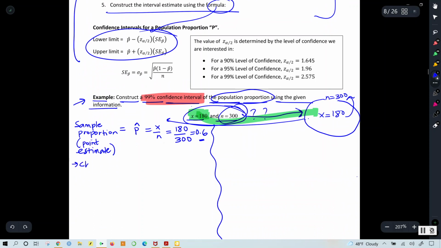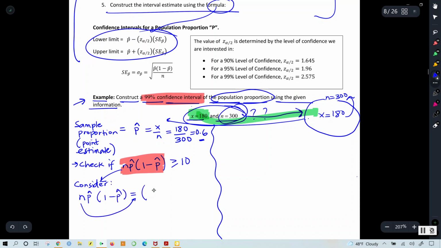So I need to check if n times p-hat times 1 minus p-hat is at least 10. In other words, I need to find the value of n times p-hat times 1 minus p-hat.